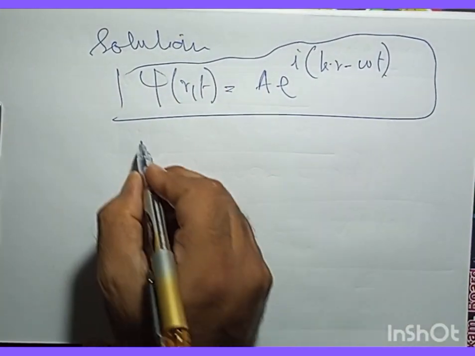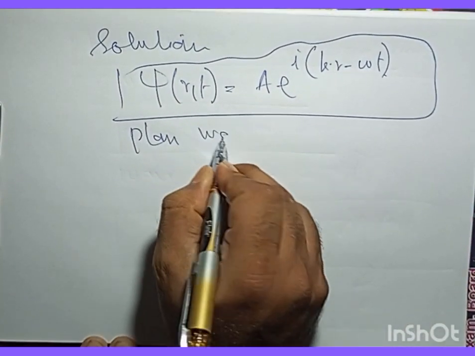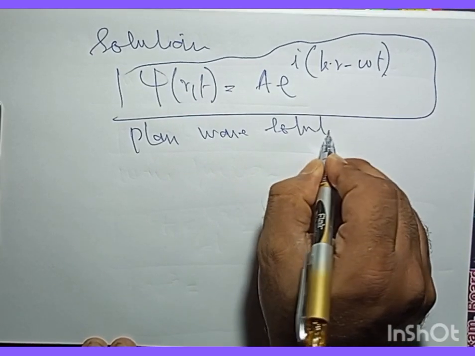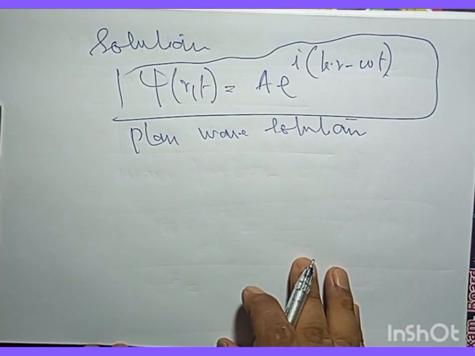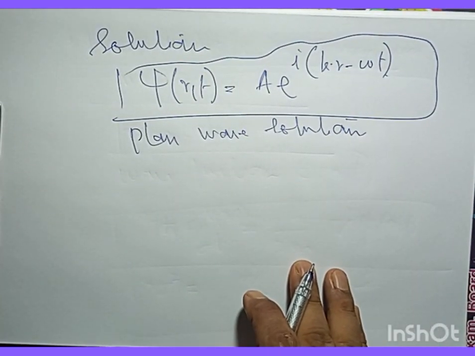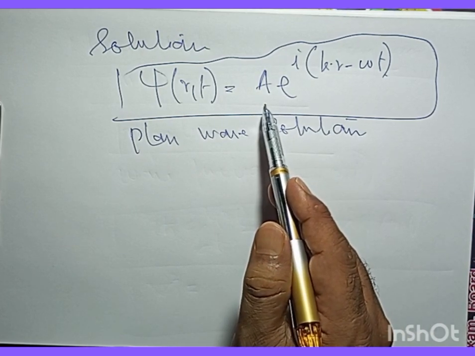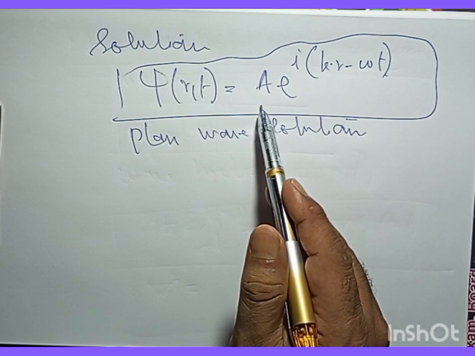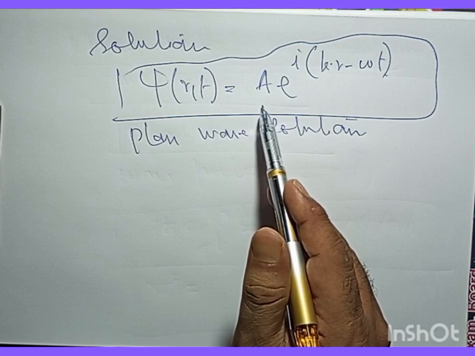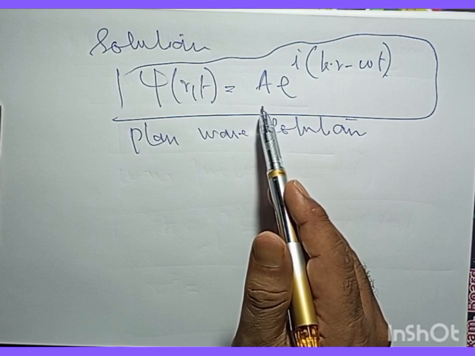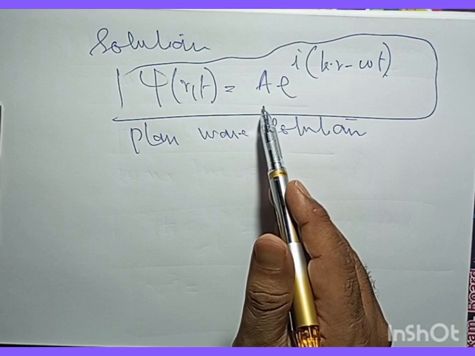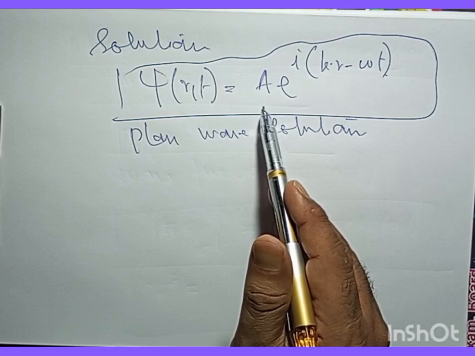So this is the plane wave solution for this free particle. And we have some symbols over here. This A is a normalization constant, and we can calculate it using the condition of normalization, where we have to apply the boundary conditions for the given problem.